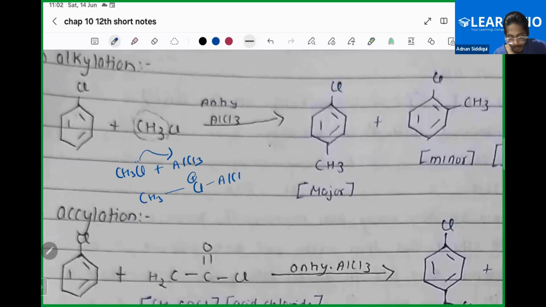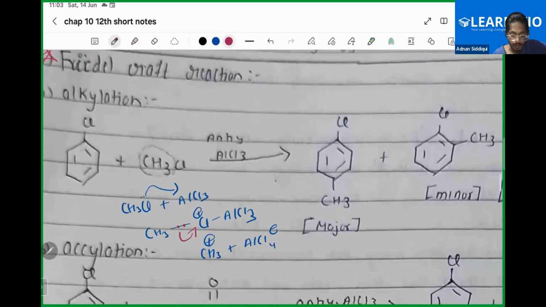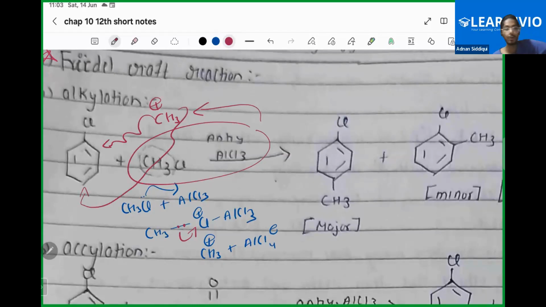The moment it gets a positive charge, it will try to abstract electrons from its neighbor. It will get the electrons and generate CH3 positive and AlCl4 negative. After mixing these two, the substance which is attacking at the ortho and para positions is CH3 positive.